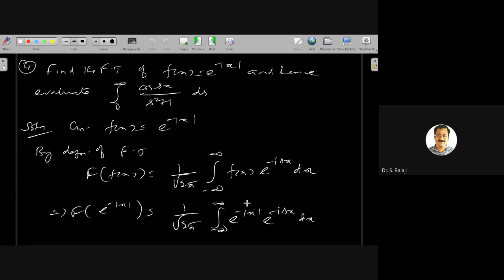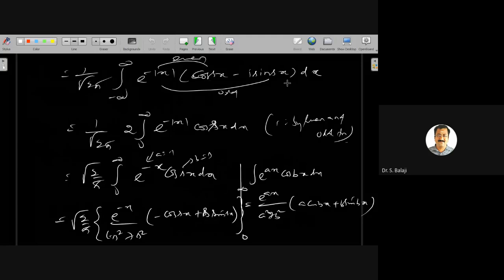This is an even function, e power minus mod x, therefore you can split e power minus isx as cos sx minus i sin sx. Again, this is even and this is odd function here, therefore you can write 2 into integral 0 to infinity e power minus mod x cos sx dx.